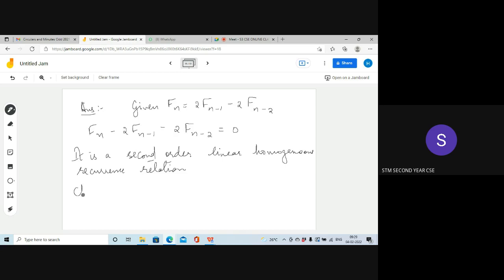Next, write the characteristic equation. Just substitute r raised to the power of its suffix in place of F. You get r^n - 2r^(n-1) + 2r^(n-2) = 0, and then divide by r^(n-2).